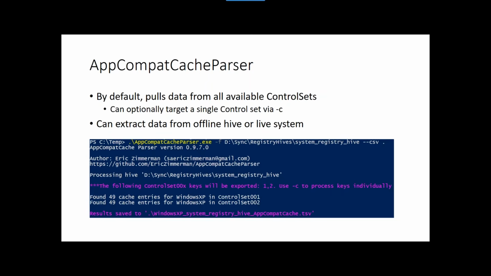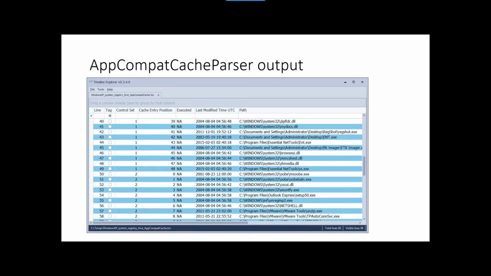If you run it against the live system, it will use the host name of the system in the file name. So that way when you're pulling a bunch of stuff back, it's not like, well, I have 10,000 Windows 10 TSV files, now what? It'll tell you the host name in the file name itself. When we run this, you can see at the bottom we get the results saved to our output file. If we pull that into Timeline Explorer, we see something like this.